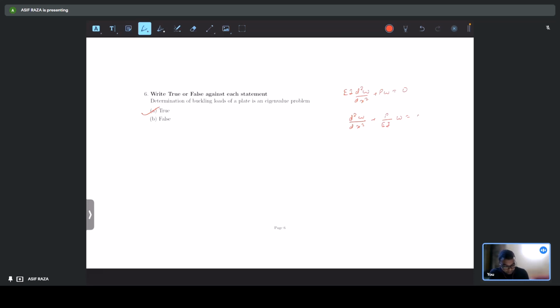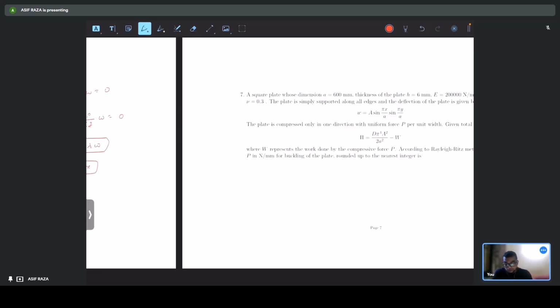This is an operator applying on W and giving me a function like lambda W. It is like the matrix equation Ax equal to lambda x. So this is an eigenvalue problem. Let's move on to the next question.